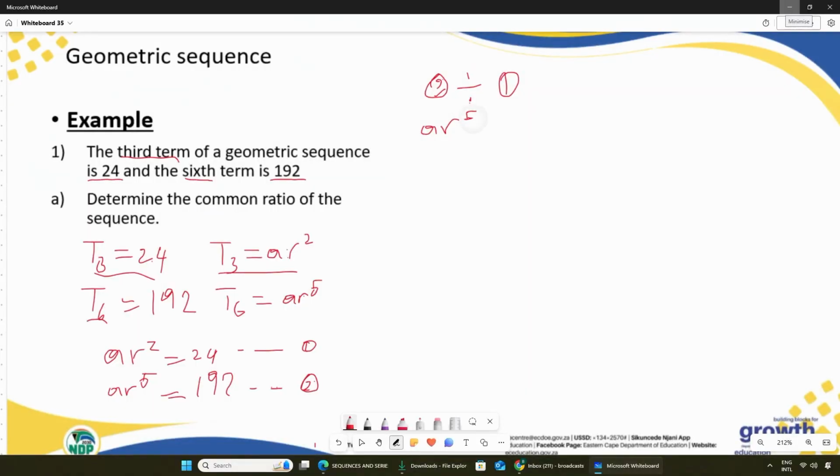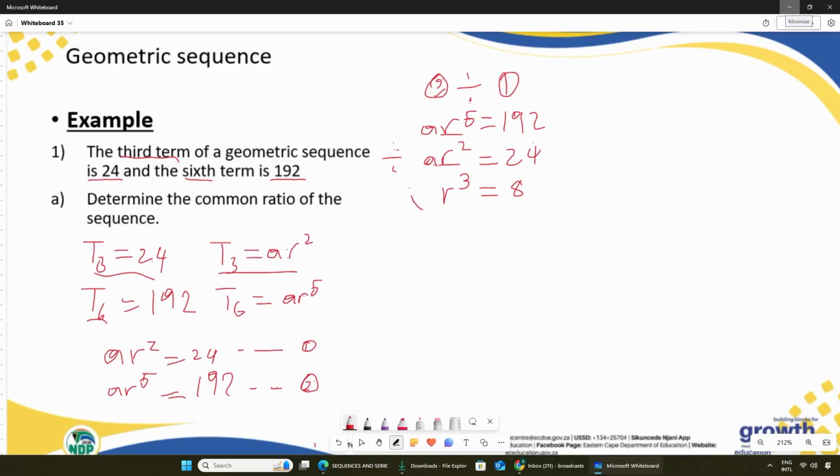So you have AR to the power of 5 over AR to the power of 2, equal to 192 over 24. Now, A divided by A is 1. R to the power of 5 divided by R to the power of 2 is R to the power of 3. 192 divided by 24 is equal to 8.